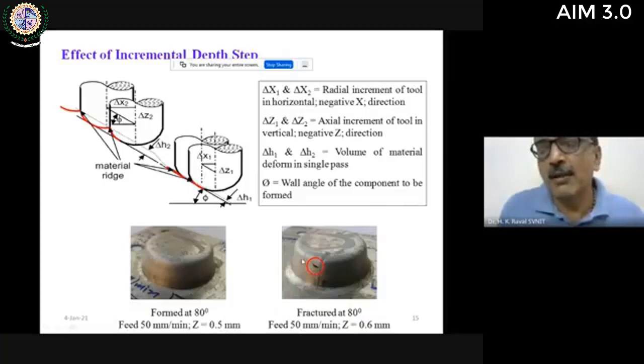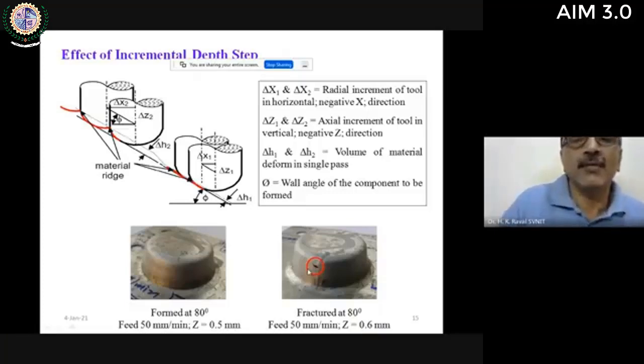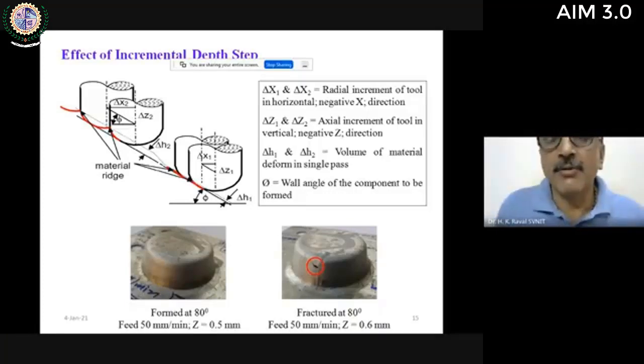So this indicates that if you have excessive Z, that might result in crack formations, and that is undesirable. So one has to balance as a researcher.